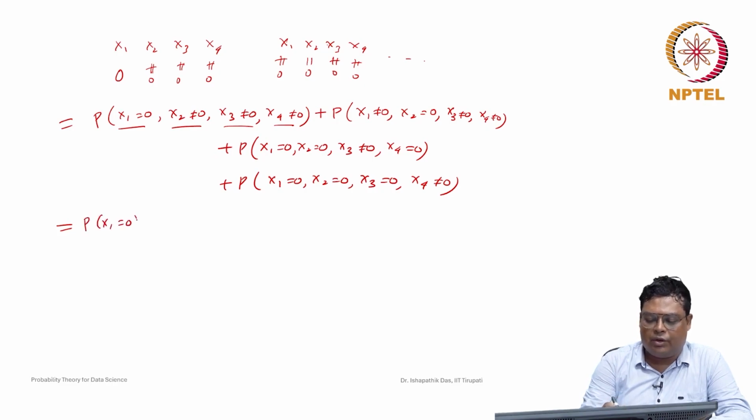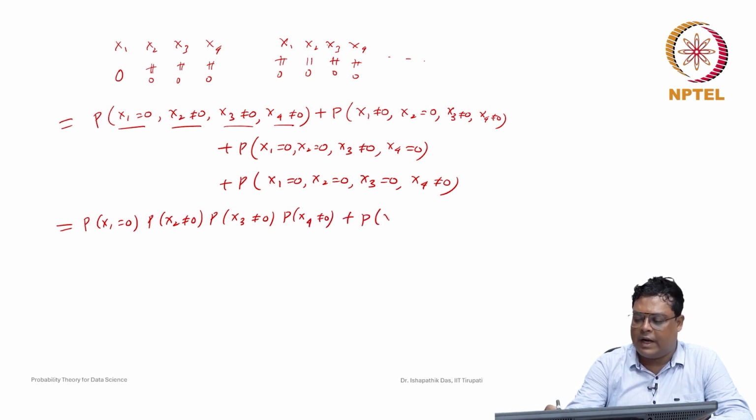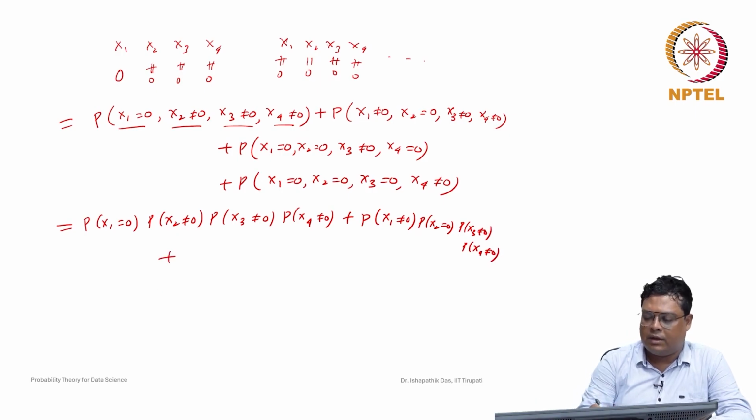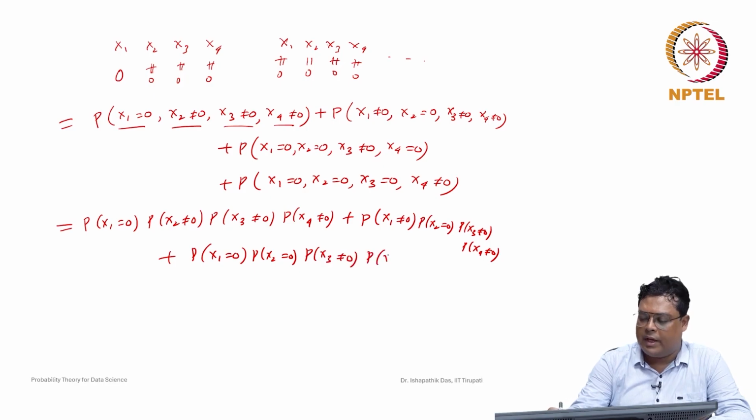This is probability x1 is equal to 0 into probability x2 not equal to 0 into probability x3 not equal to 0 into probability x4 not equal to 0, plus similarly probability x1 not equal to 0 into probability x2 equal to 0 into probability x3 not equal to 0 into probability x4 not equal to 0, plus the next terms.